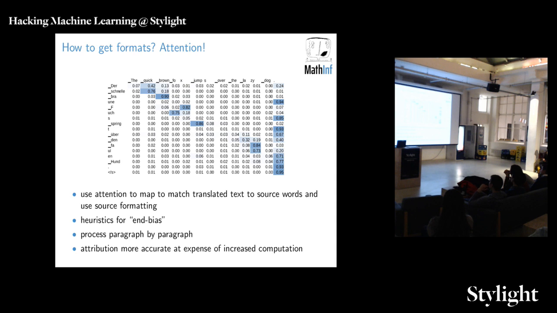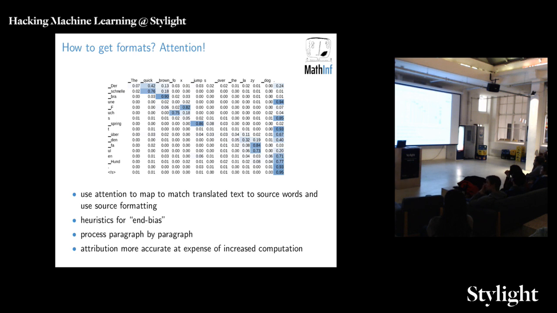And so the neural machine translation will do the same. I just deal with that by heuristics for the end bias. You could do something in the direction of attribution. This would be more accurate at the expense of increased computation.